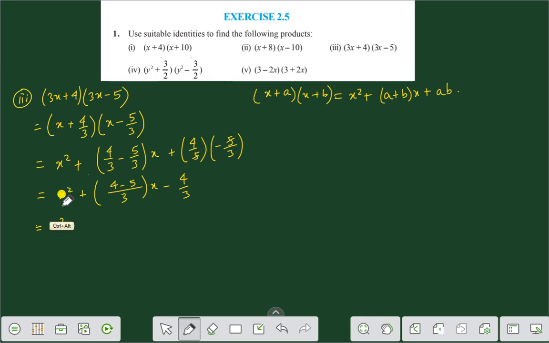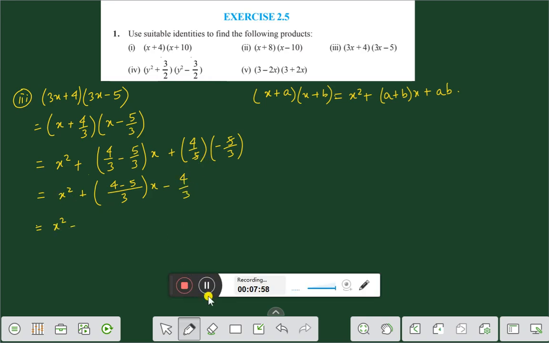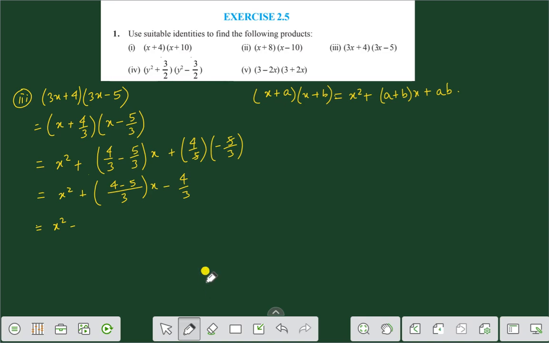Here you have not taken 9 as common, so let us take 9 as common.